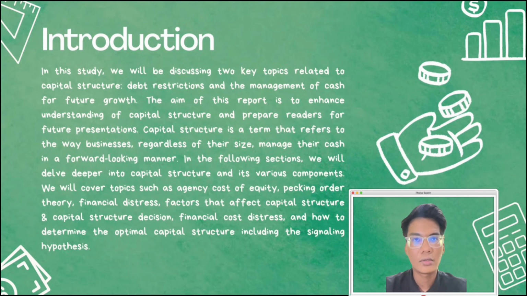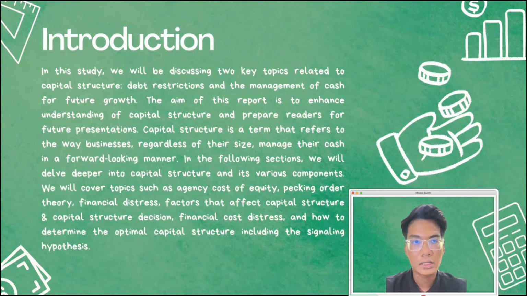In this study, we will be discussing 2 key topics related to capital structures: debt restrictions and the management of cash for future growth. The aim of this report is to enhance understanding of capital structures and prepare readers for future presentations. Capital structure is a term that refers to the way businesses, regardless of their size, manage their cash in a forward-looking manner.